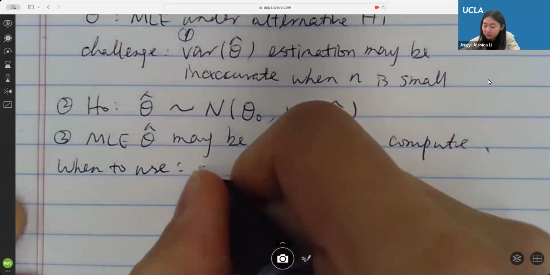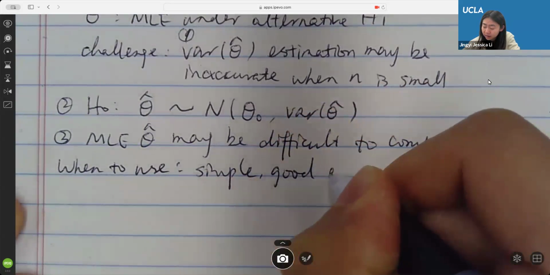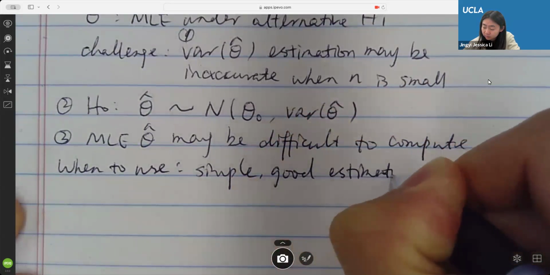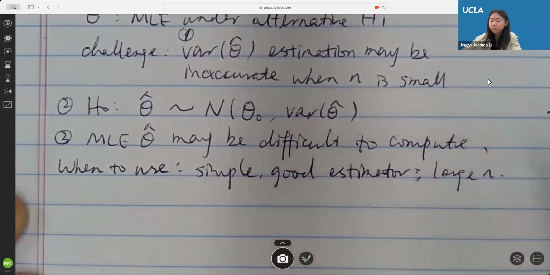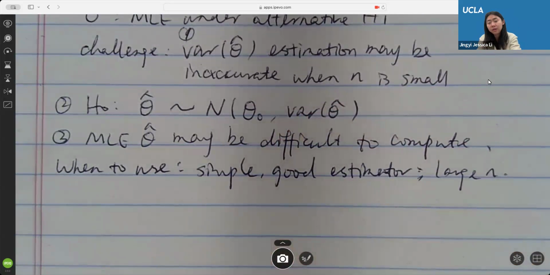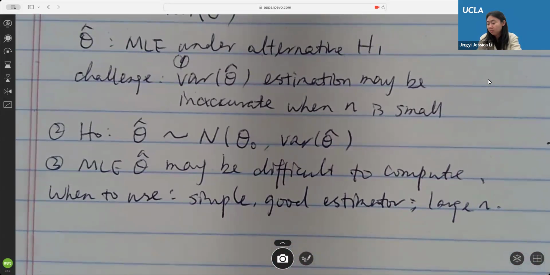I would say simple, good estimator, and large N. So for linear model, this is okay because the asymptotic normality does hold well for the beta, for the coefficient.